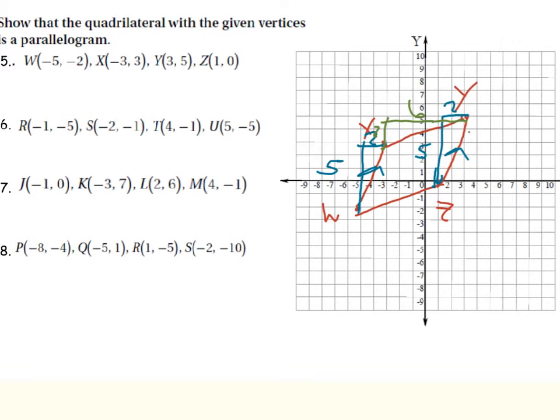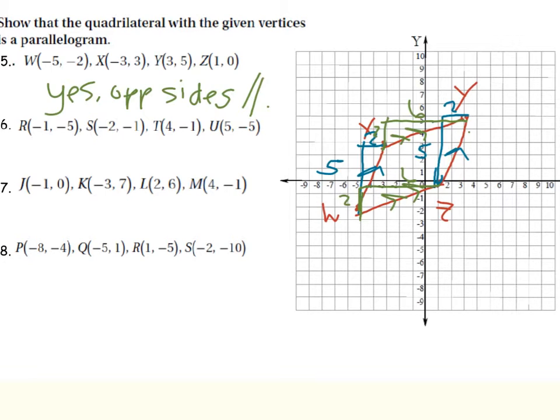And then from W to Z, I need to check and see if it goes up 2 to the right 6, and it goes up 2 to the right 1, 2, 3, 4, 5, 6. So yes, they both have the same slope, which means these two lines are parallel. And my answer is yes, because I've proven opposite sides are parallel.